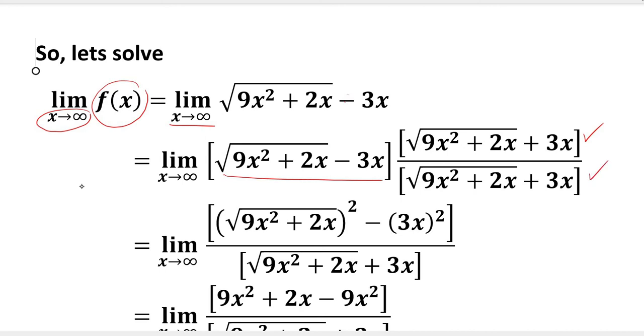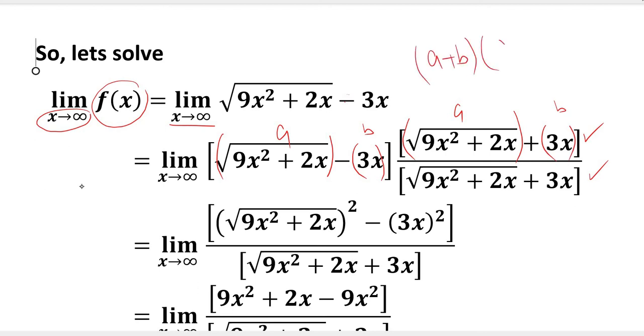Now you can see that if we consider this is a and this is b, then we have another a and b. So we have the formula a plus b into a minus b, which gives us the square of the first one minus the square of the second one.